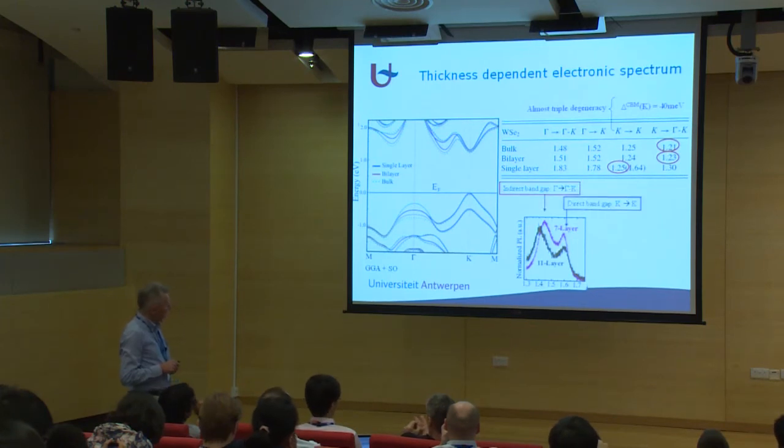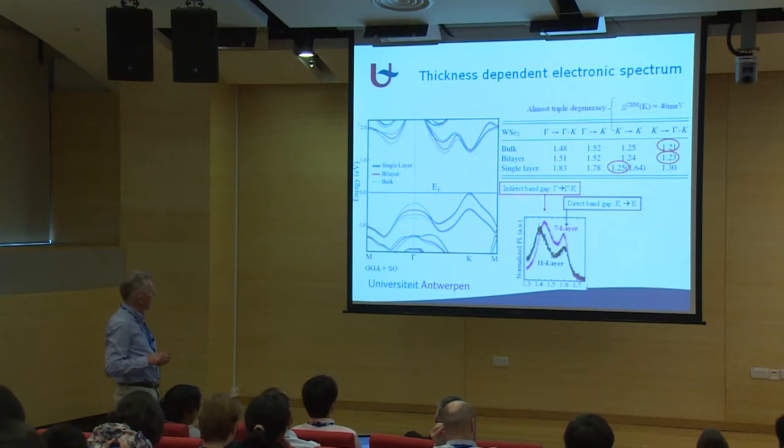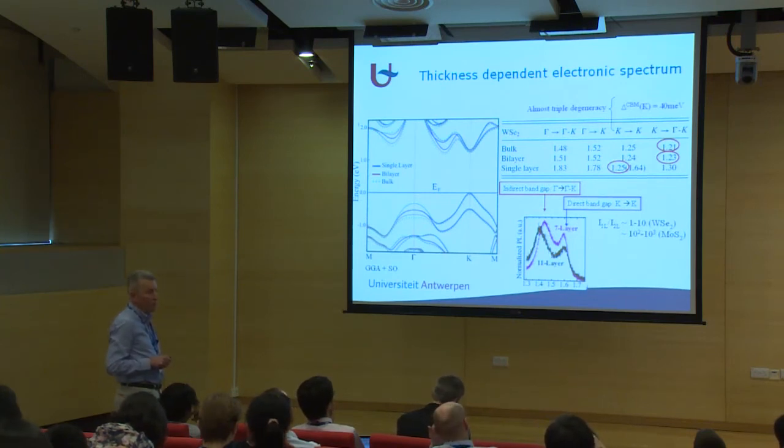So if you look at multilayers, you have contributions from the direct band gap, while you would expect only contributions from the indirect band gap. Another thing is, if you look at the intensity of the one layer versus the two layer, it's only a factor between 1 and 10, while if you look at molybdenum disulfide, it's between 100 and 1,000.